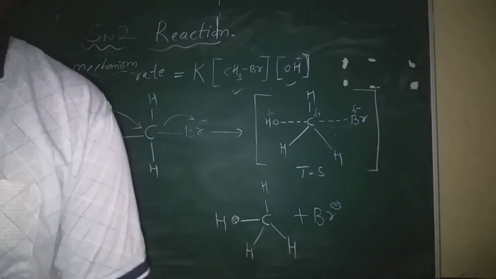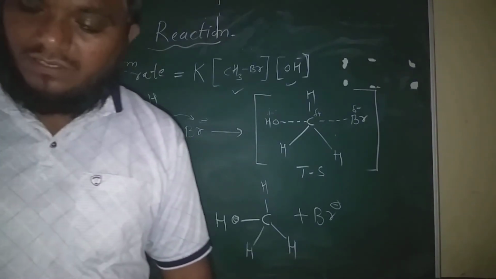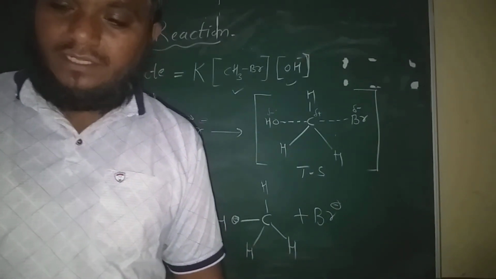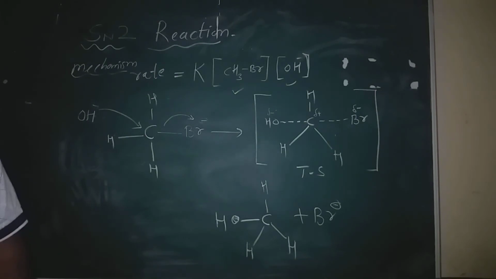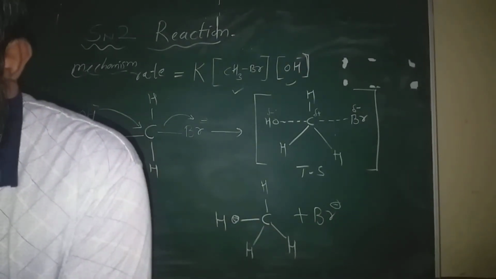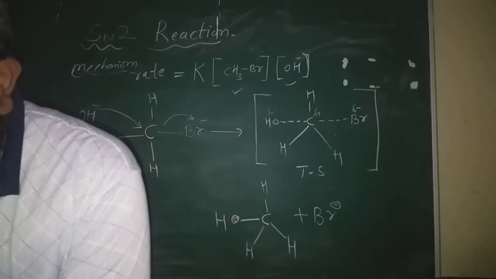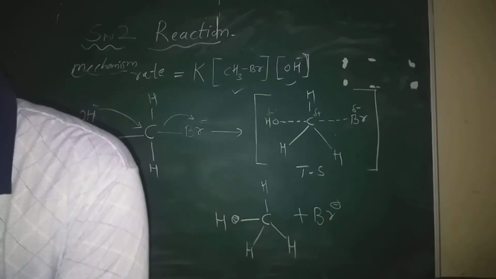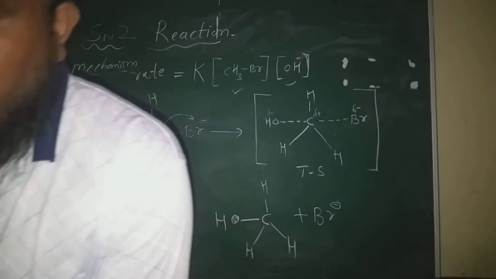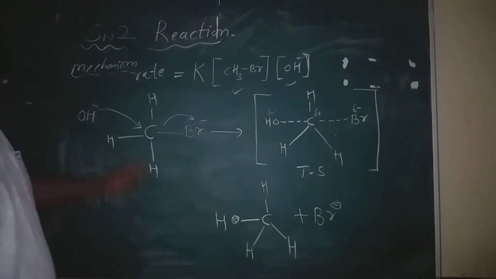Now the salient features of the SN2 mechanism, which are given on page number 221: a single step mechanism with simultaneous bond breaking and bond forming takes place. Backside attack of the nucleophile is seen here. Transition state is also seen here. Now these 3 points you have to learn about this SN2 mechanism.